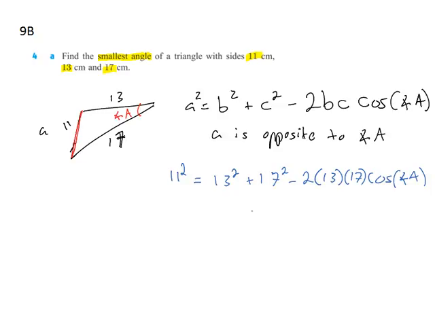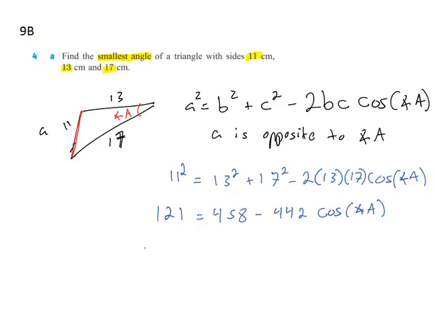So we have to rearrange this to solve for angle A. We'll start by doing our squares. 11 squared is 121. 13 squared plus 17 squared is going to work out to 458. Take away 2 times 13 times 17, which is going to work out to 442 cosine of angle A. We'll keep rearranging by subtracting 458 to the other side.